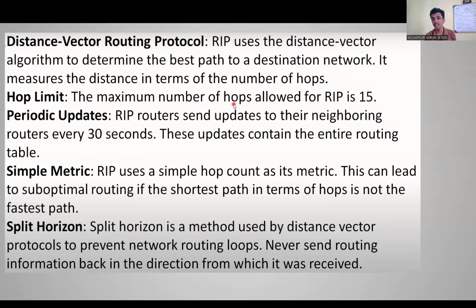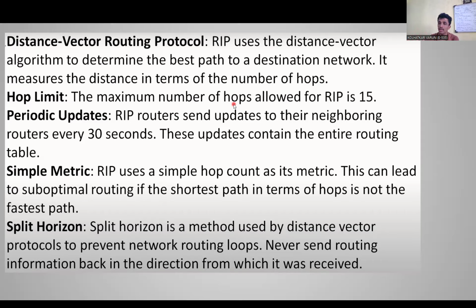After completing the maximum count of 15 hops, the data won't be forwarded, it will get reset. So for this distance vector protocol, every single decision taken will be done on the basis of hop count, as I said. And now the limit is 15. We have to remember this.